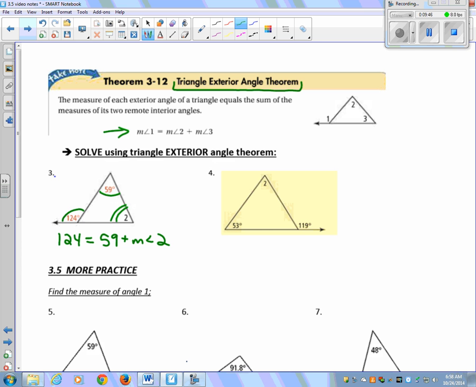So, the measure of angle 2, subtract 59 from both sides, and the measure of angle 2 is 65 degrees. Okay, you try this one on your phone, and then put the video back on when you're done and check your answer.